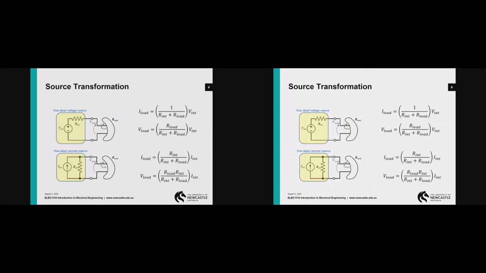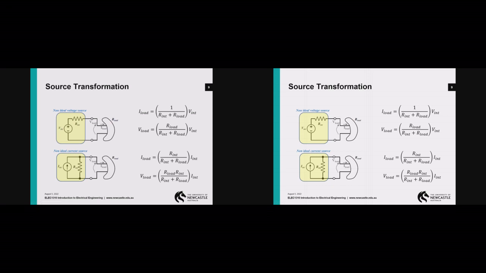So to try and reiterate that a little bit more, here in the left-hand corner I've got a non-ideal voltage source supplying a load. So it's a voltage source, a resistance and a load. The current in that circuit is just the voltage source divided by the sum of those two resistors, so that top equation there, Ohm's law.